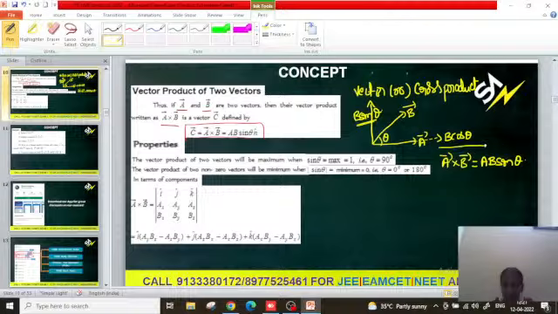So A bar cross B bar can be written as AB sin theta.